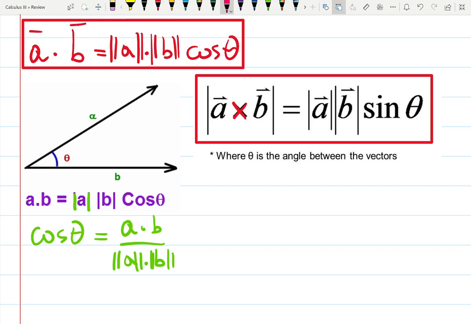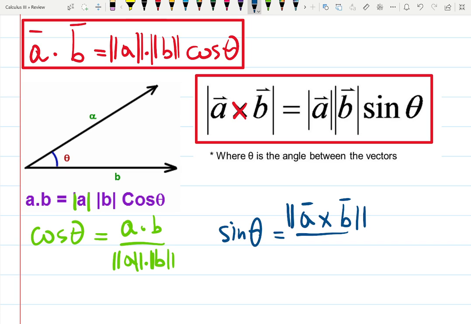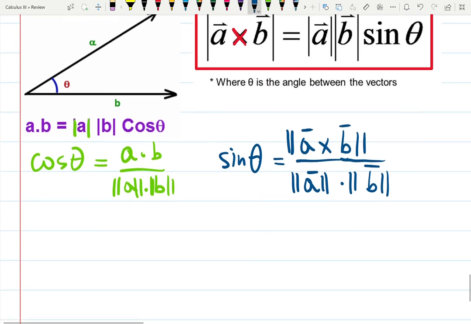Or for the cross product, it is sine theta, which is also a fraction, but this time it's a magnitude of A cross B all over magnitude of A times magnitude of B. In both cases, it should be a final number. And then you solve for theta.